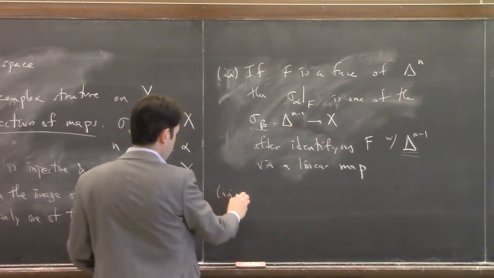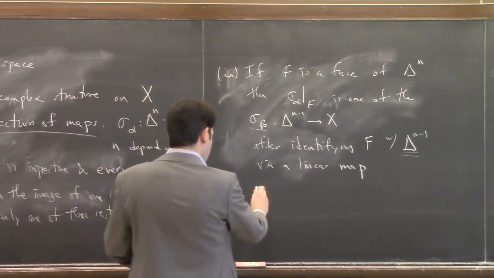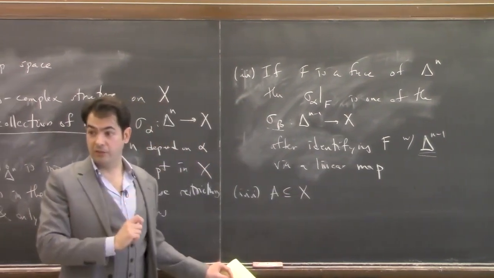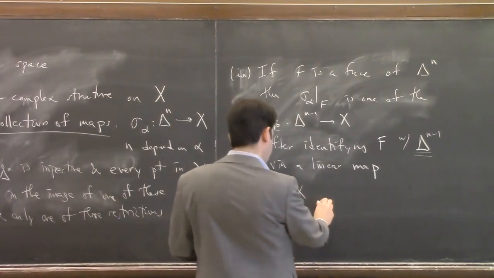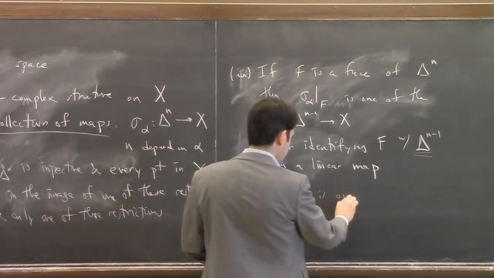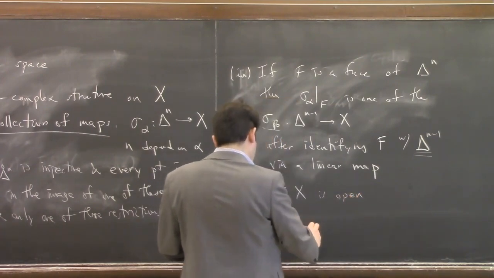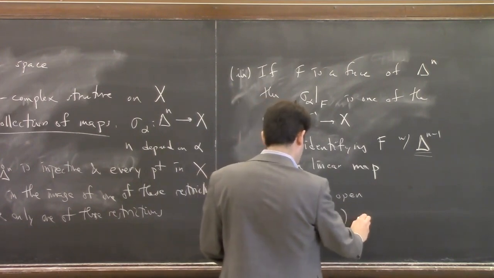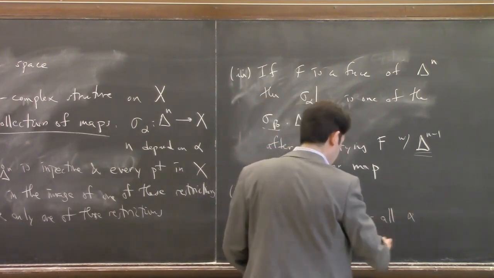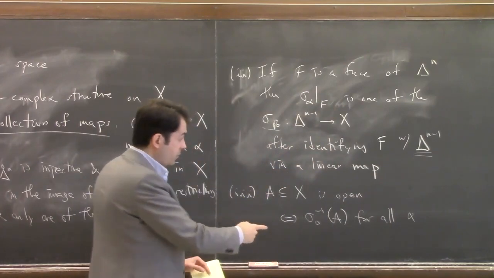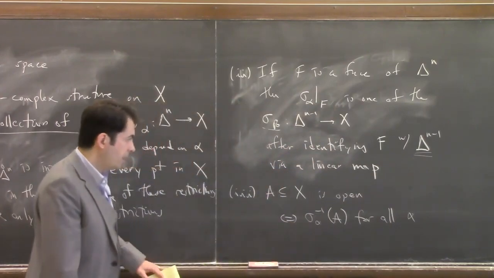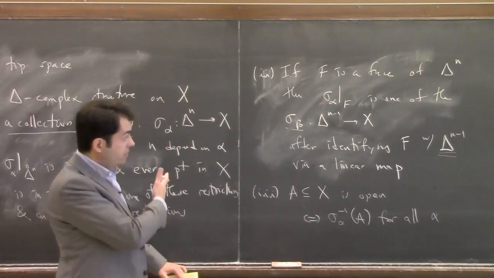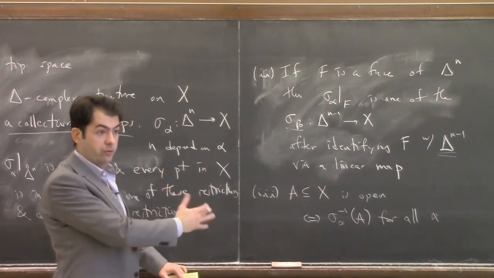Okay, and then we want to make sure that it interacts well with the topology. So this gets back to what you were asking. What we demand is that a subset A of X is open if and only if the inverse image of it, sigma alpha inverse of A for all alpha, is open in the standard simplex for all of these maps.